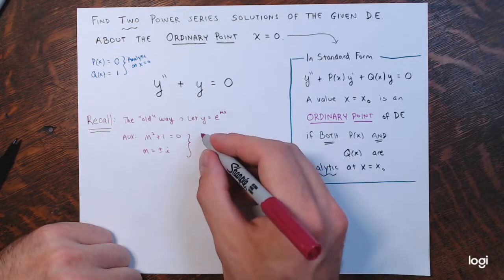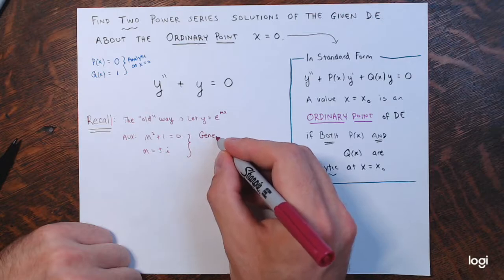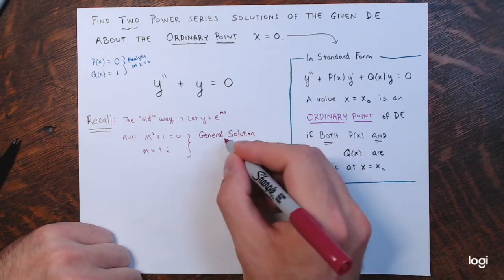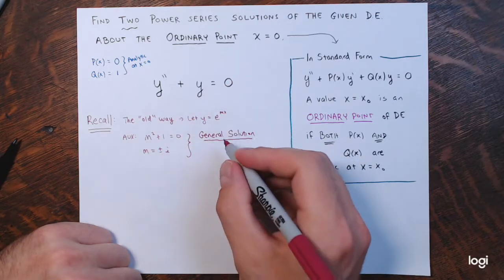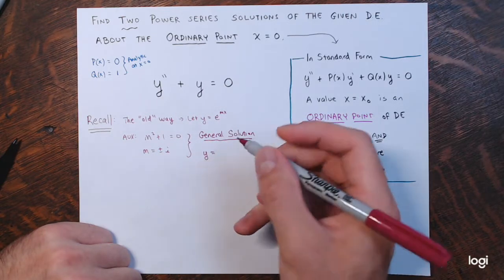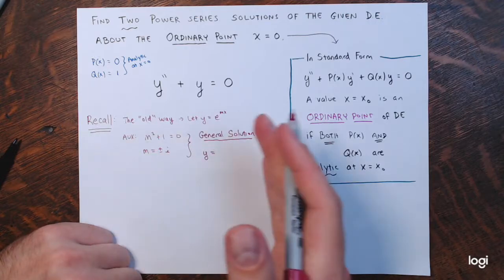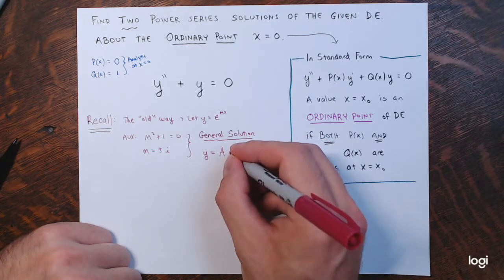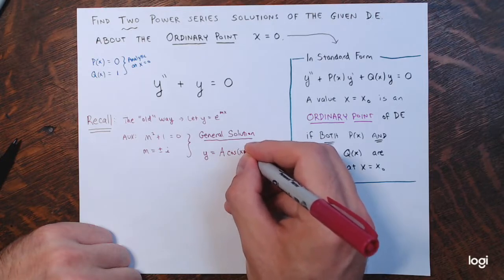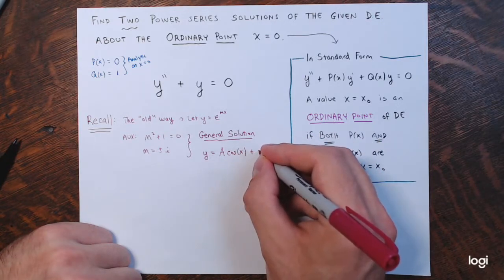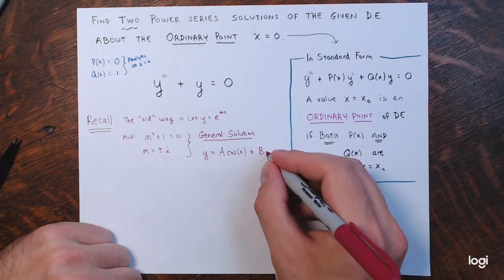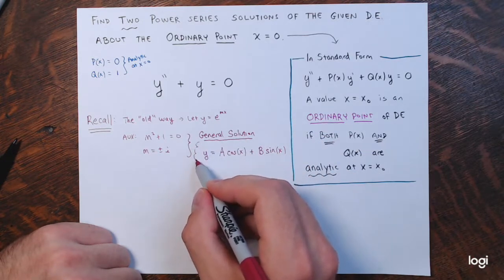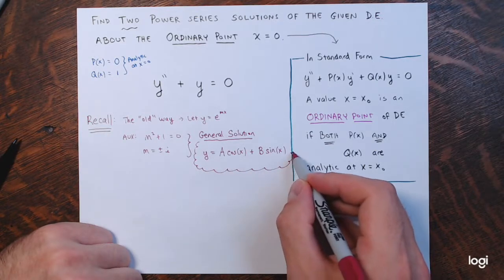So the general solution to this differential equation is y equals, and again, hopefully you remember how to get this, some constant, I'll call it a, times the cosine of x, plus some other constant, I'll call it b here, times the sine of x. Again, hopefully that all rings a bell.